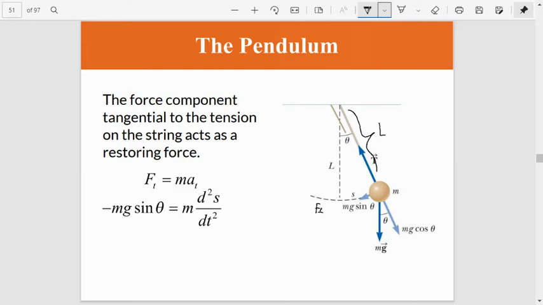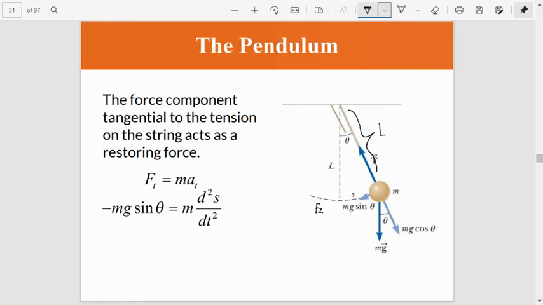So there's a restoring force here that's always trying to push the pendulum the other way than where it's swinging. As it swings to the right, the restoring force wants to make it go left. And the farther it swings, the stronger the restoring force. So the restoring force then is mg sine theta with a negative sign to indicate it's always going the other way of the angular displacement.